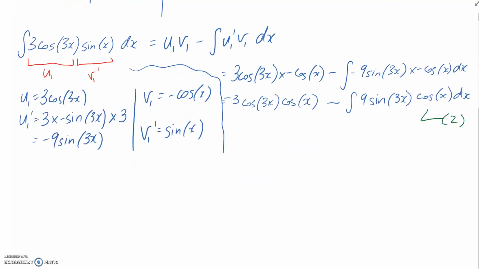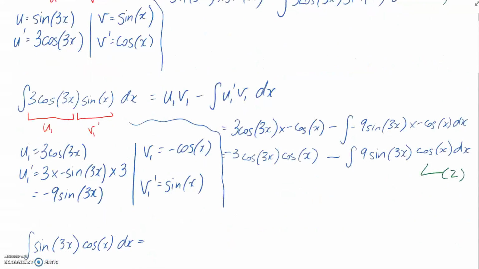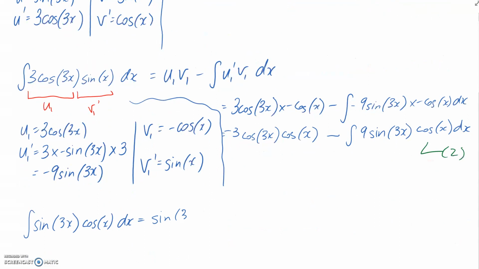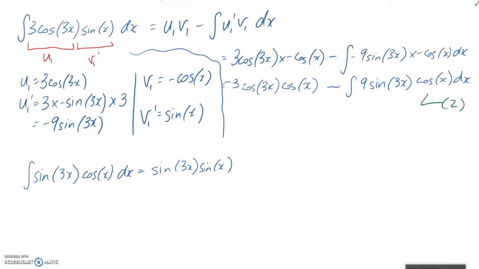It's the integral of sine of 3x cos of x dx, and it's equal to, so this first part stays the same, so sine of 3x sine of x, and then we're minusing away, this is our equation 2, so minus, and I'll bracket it off, all of this.